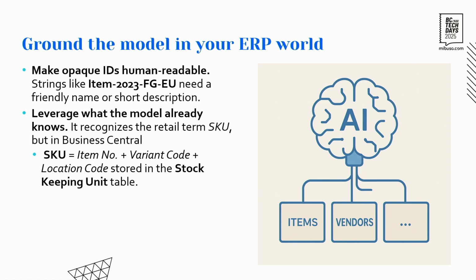So we have this extra location code, which is very specific to Business Central. If you do not provide this extra information when you are building your Copilot, the model will be confused or might not respond as expected, because the knowledge that it has is only that SKU is used to uniquely identify an item, not with the location.